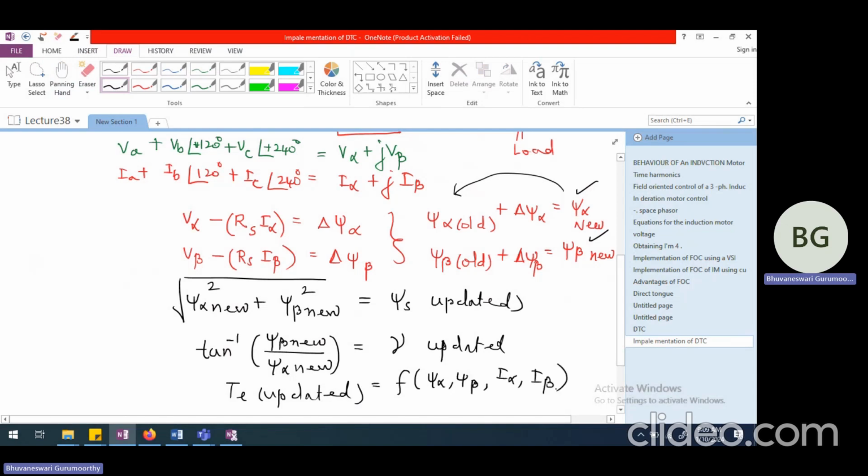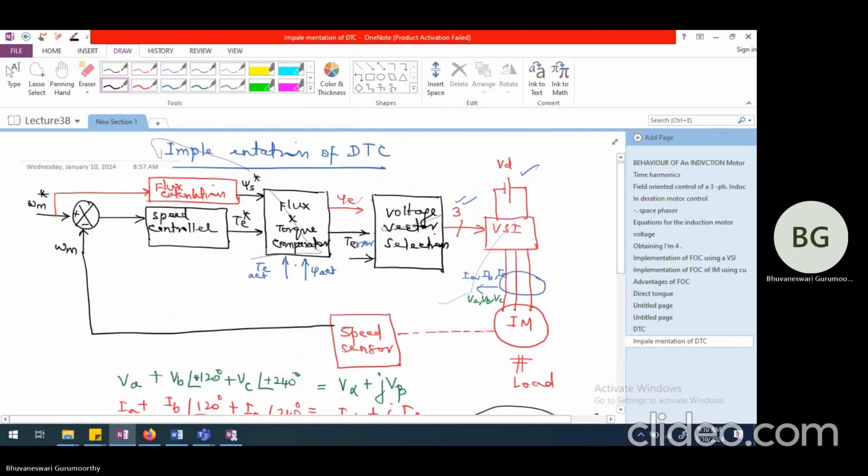I should be able to calculate this directly. So once I calculate the updated values of torque and flux, here I'm going to write TE and psi calculation.